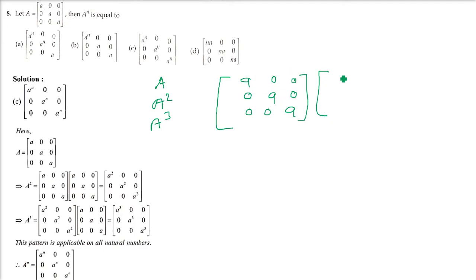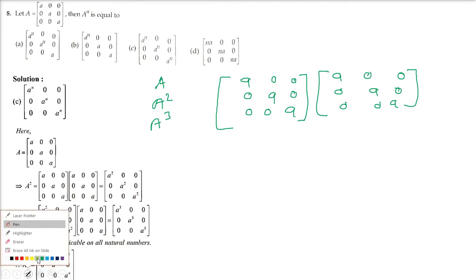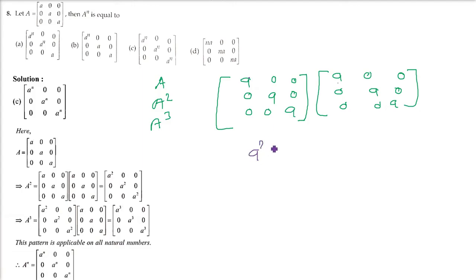I'll show you that just now. So when you multiply this, A 0 0, 0 A 0 and 0 0 A. All others will be 0. Only the diagonal part will become A square, because A into A is A square. Now first row, second column: A into 0, 0 into A, 0 into 0, all 0.